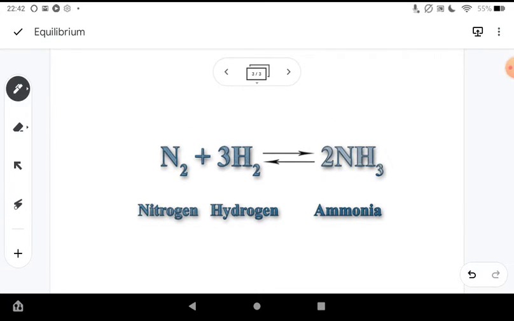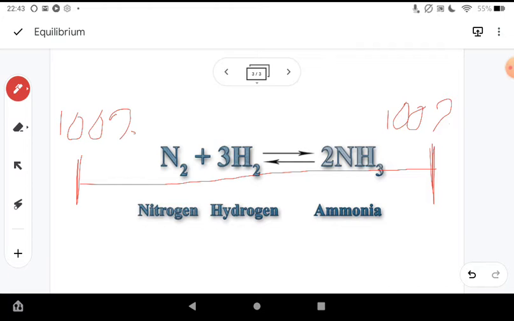And when we think about equilibrium position, we're thinking about if this is 100% nitrogen and hydrogen, and this is 100% ammonia over here, somewhere along this axis is my equilibrium position.